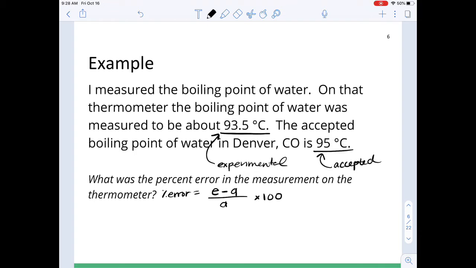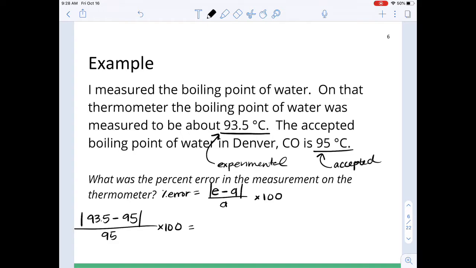All right, remember, this top portion of subtraction does have absolute value signs. So let's plug our numbers in. Experimental 93.5 degrees minus 95 over our 95 degrees times 100.